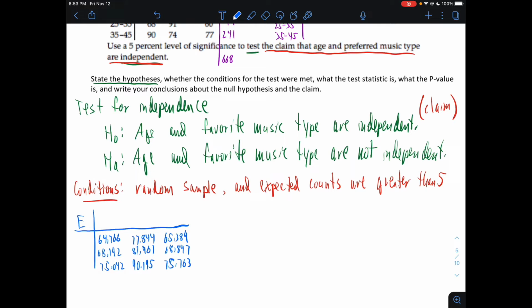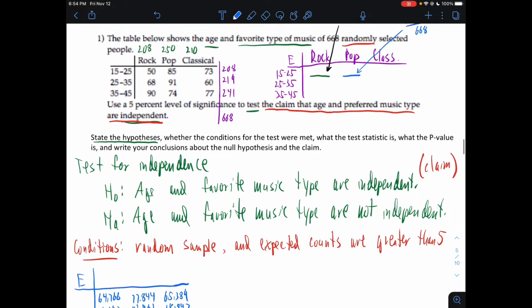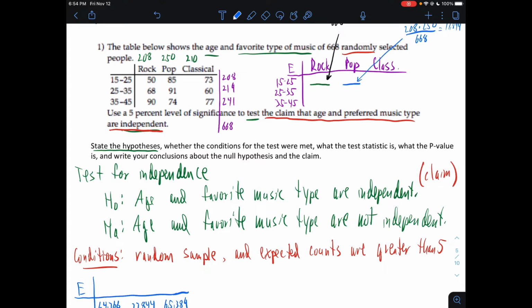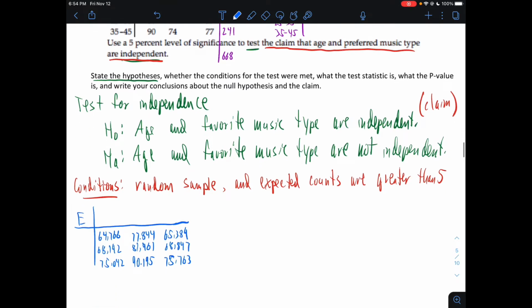Okay, so what I showed you on the TI 83 and 84 for the homogeneity section, section 9.4, also works with the test for independence. We can enter these values into a matrix. So what I'm actually going to do is jump over to the TI 83 app that I have, and I'm going to have matrix A be my observed counts, and then matrix B be the expected counts.